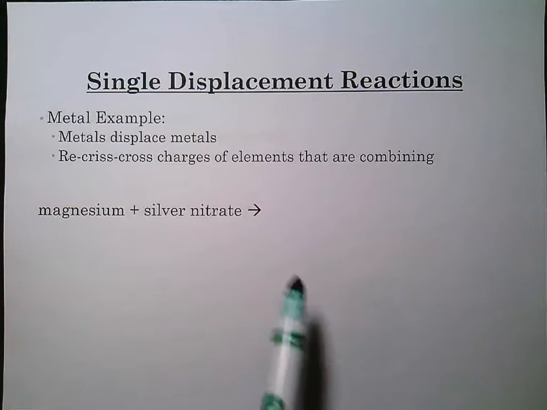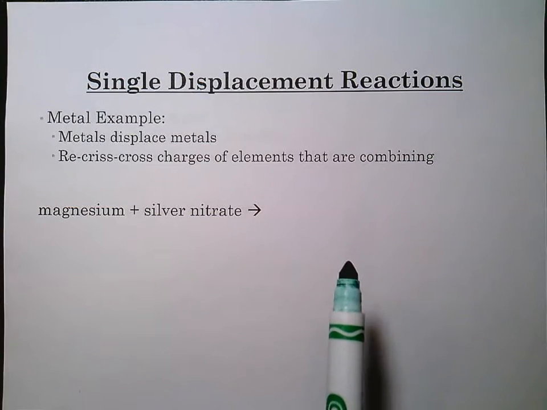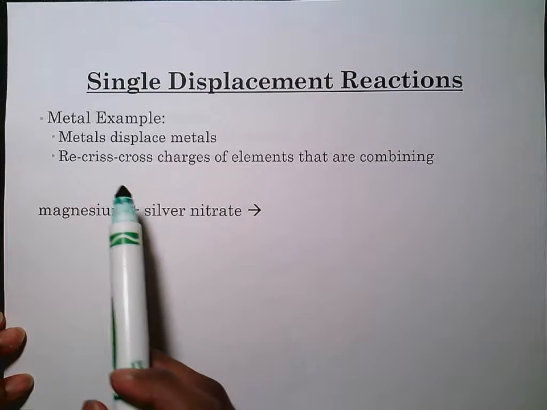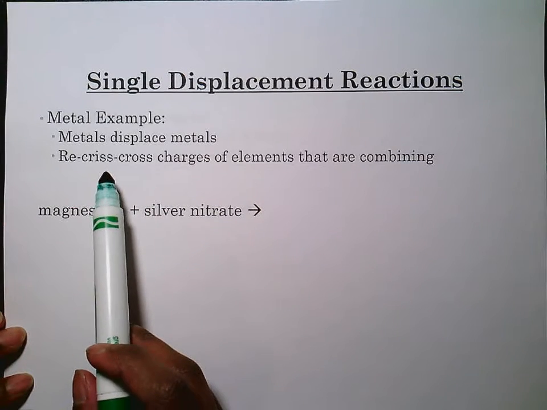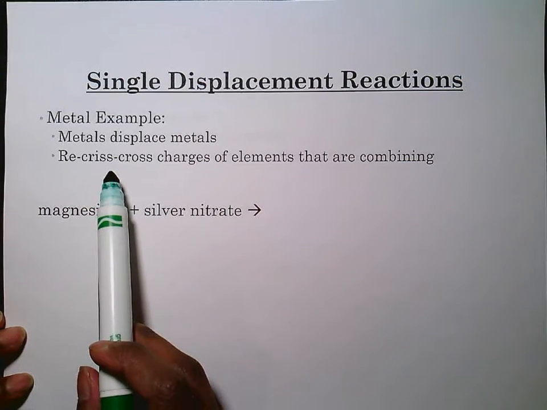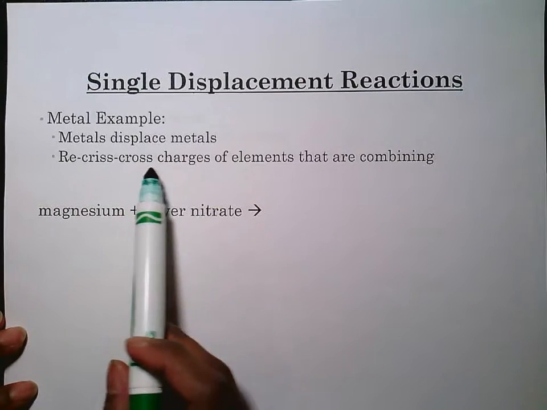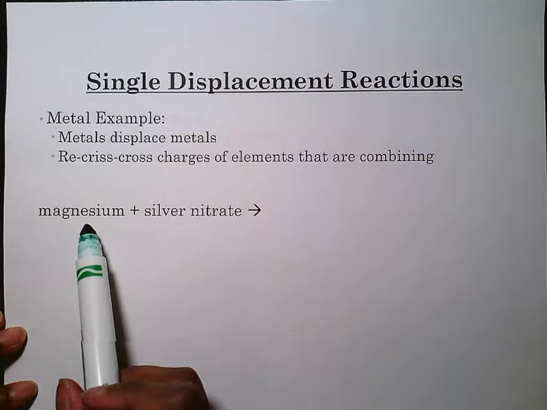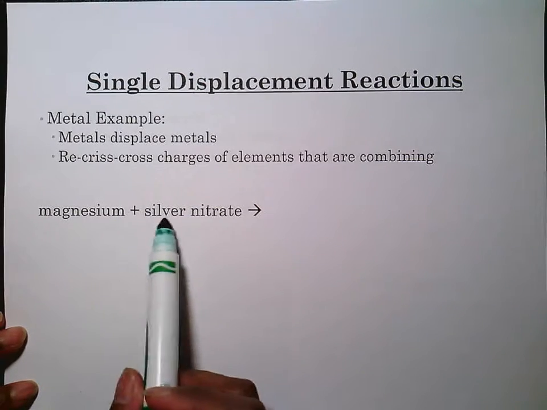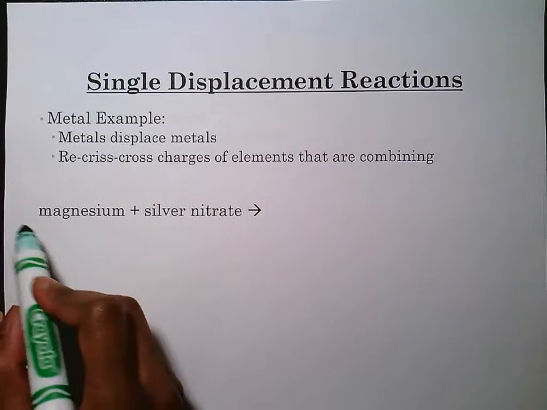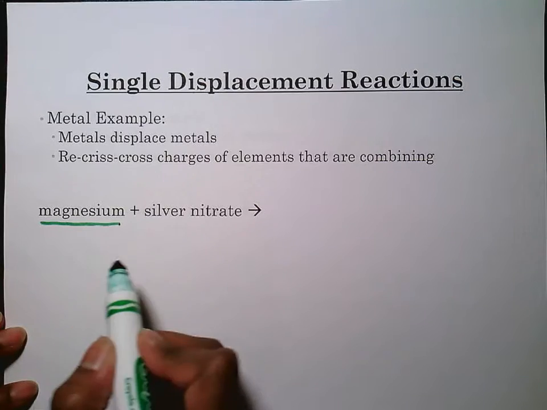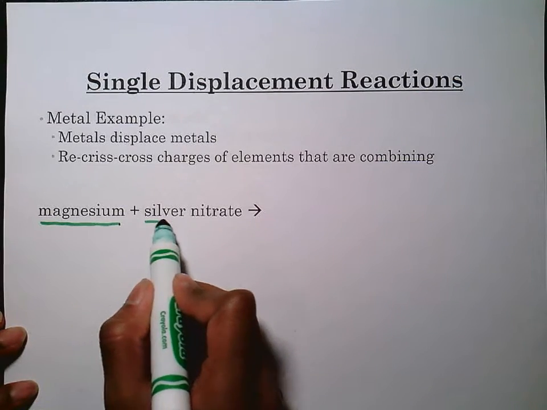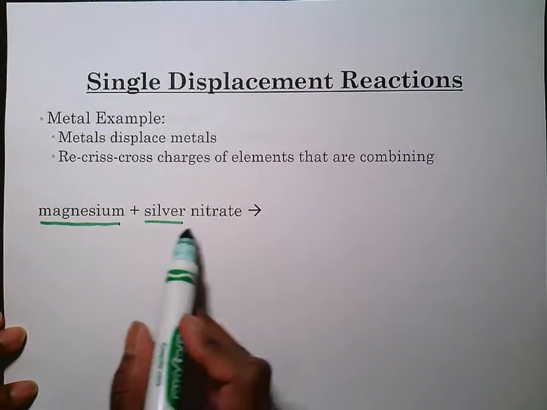So here let's look at a specific example where a metal is displacing a metal. What you need to remember is that you need to re-crisscross charges for elements that are combining. So in this example here, I have magnesium and silver nitrate. So I could see that magnesium is a metal, so it is going to want to displace the silver in the silver nitrate compound.